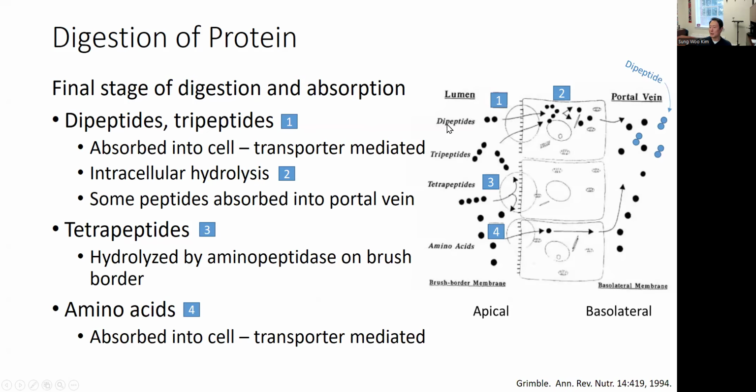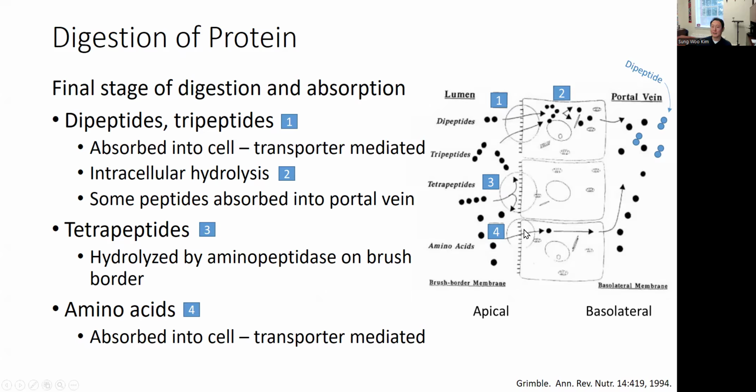In the lumen, as an outcome of protein digestion, we can see single amino acids, free amino acids. They'll be absorbed going through the cell membrane into the enterocyte and entering the blood circulation. And this is done by amino acid transporters called systems.